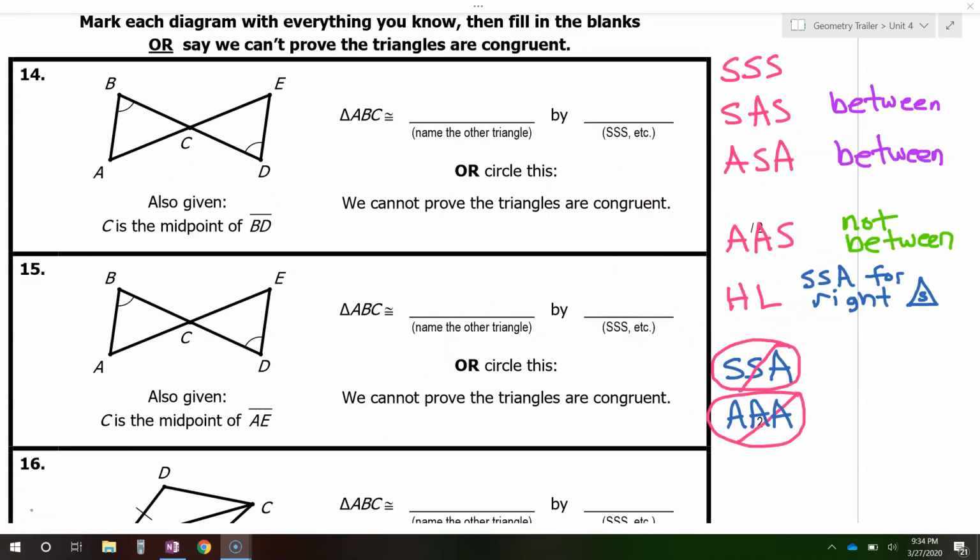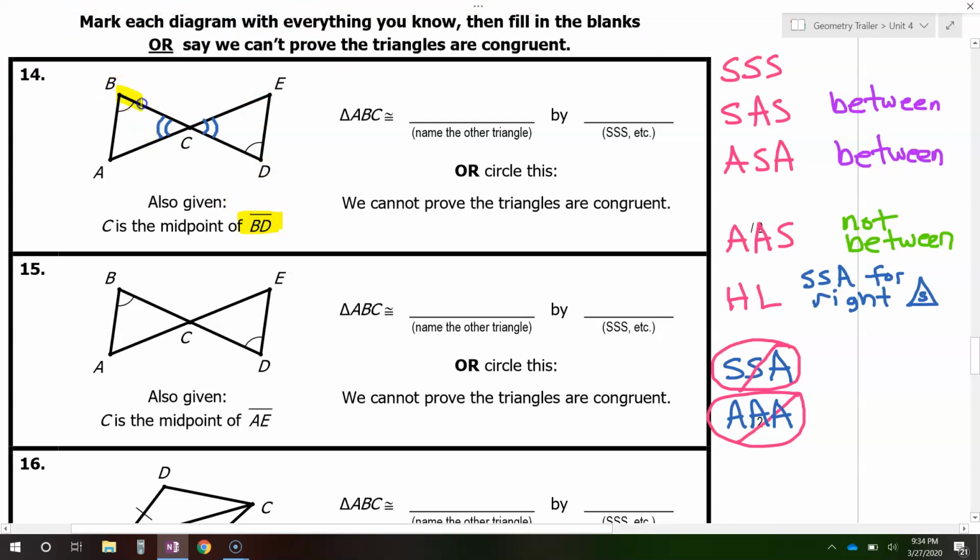For number 14, again, the triangles are touching. We have some vertical angles here that we can mark congruent. All right, when you have this X, these are vertical angles. Vertical angles are always congruent. So let's start off by marking those. In addition to that, we have this extra information down here. C is the midpoint of BD. All right, when I see this midpoint statement, I really focus on the second part, BD.